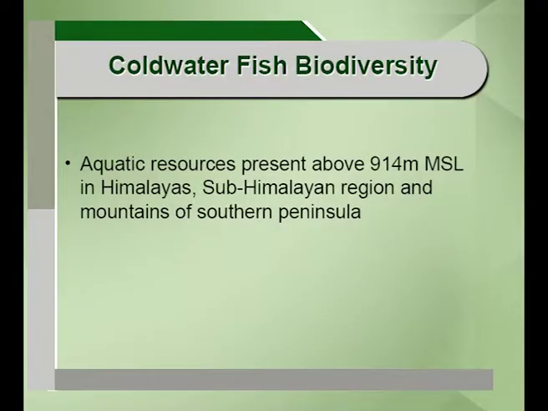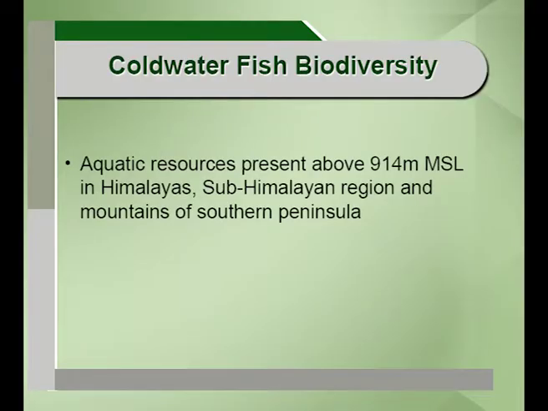As far as classification is concerned, the first and foremost important thing is cold water fish biodiversity. When I say cold water, we must know what exactly it is. It is the aquatic resources present above 914 meters above mean sea level, well distributed in the Himalayas, the sub-Himalayan region and the mountains of the southern peninsula. These are the cold water habitats. In cold water habitats, a very significant factor is temperature.